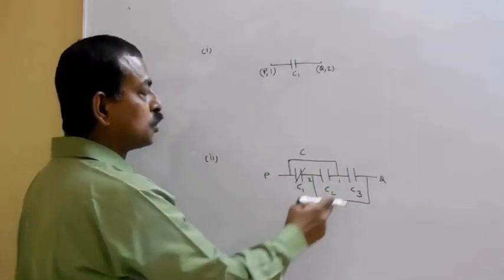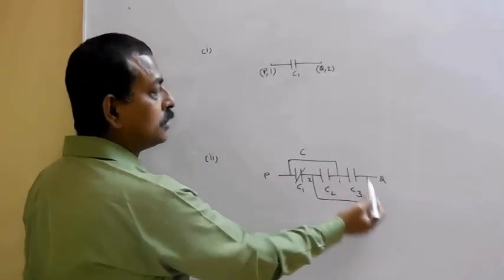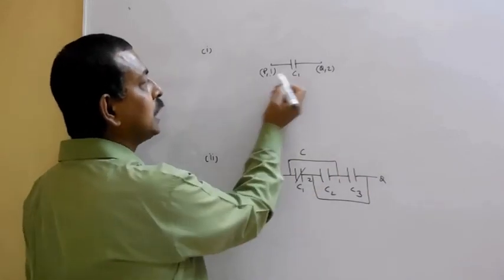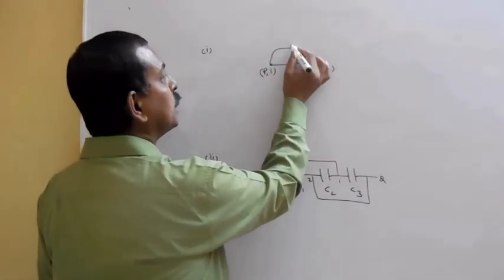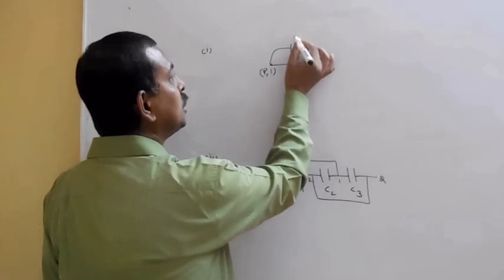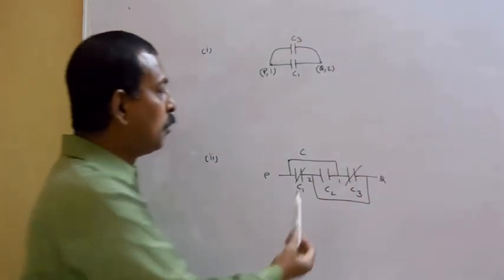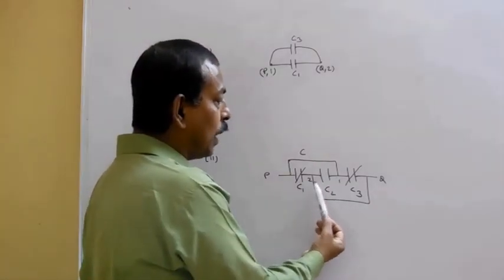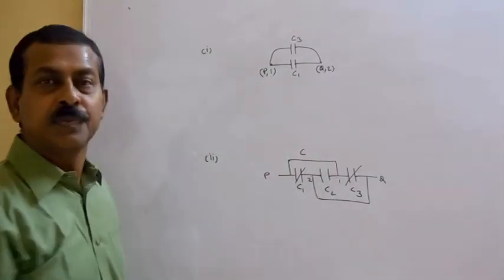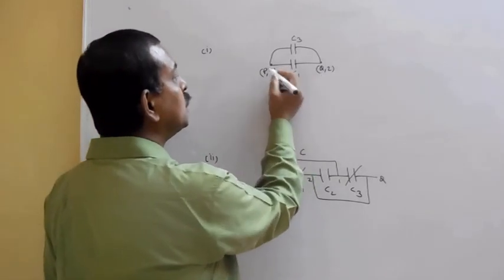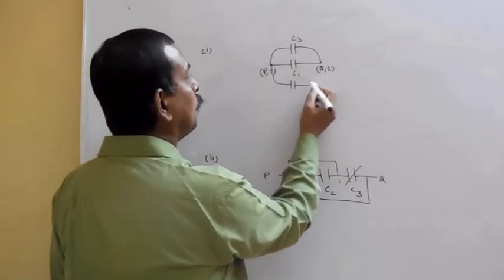This is your C1. So it is between 1 and Q. 1 is here, Q is here. So we can show C3 here. And between point 1 and 2, you have C2. So 1 is here, 2 is here.